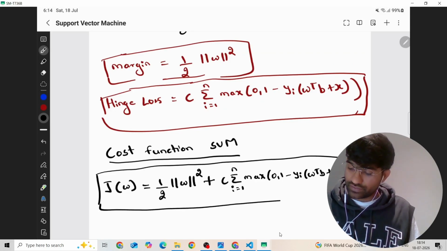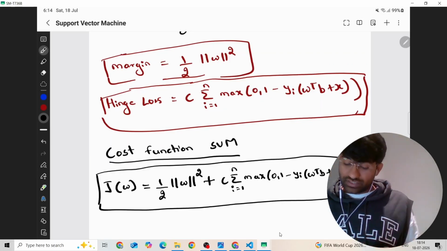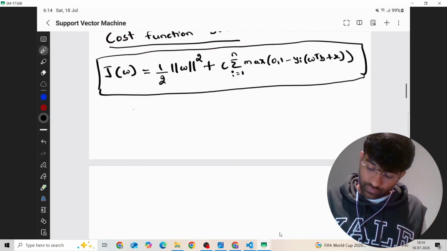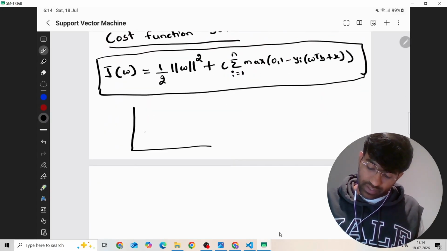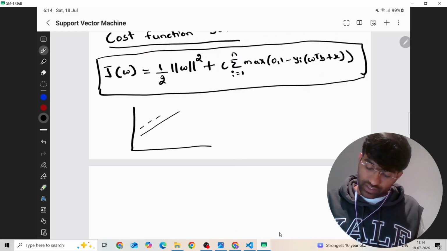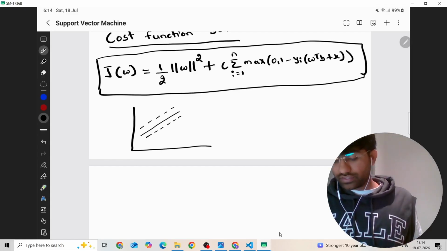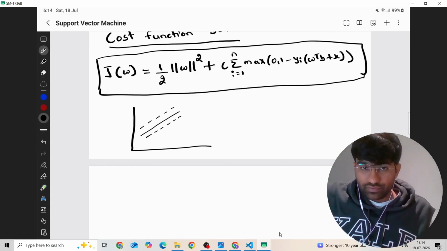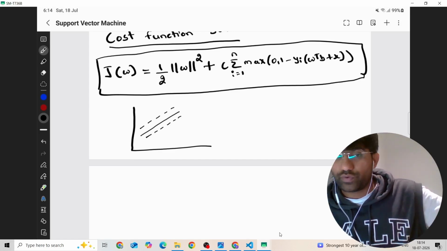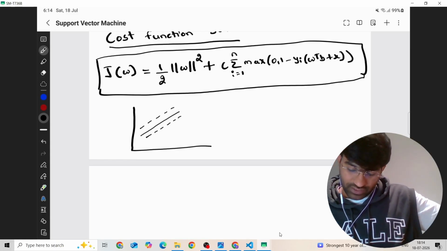Using this cost function, we have to find the minimum cost to find the best hyperplane for our support vector machine. So the support vector machine will use this cost function to derive the best hyperplane. So this is how the support vector machine will draw a hyperplane to make the classifications.